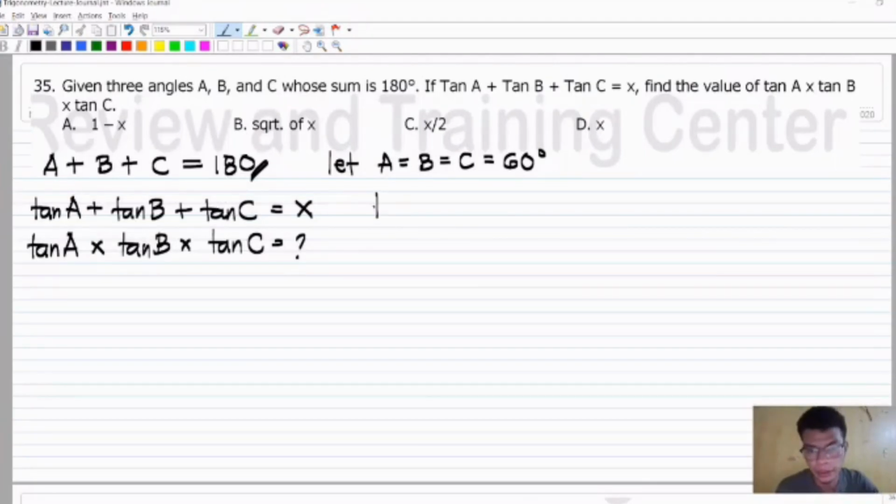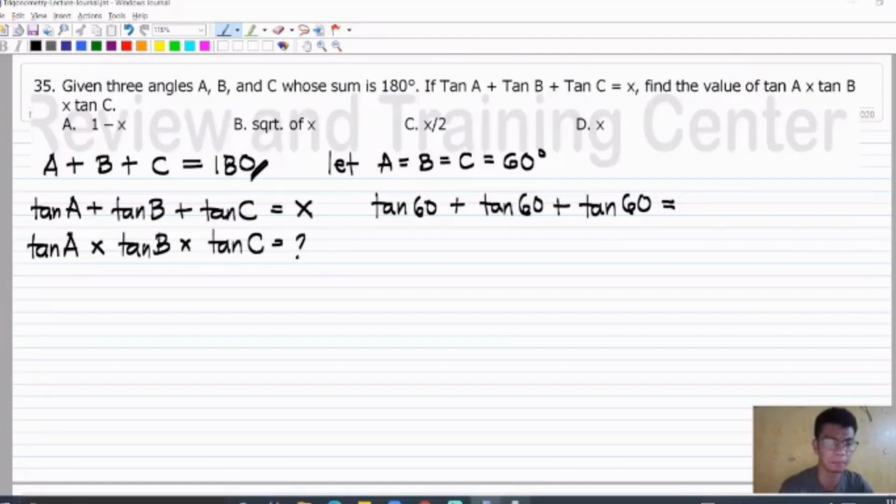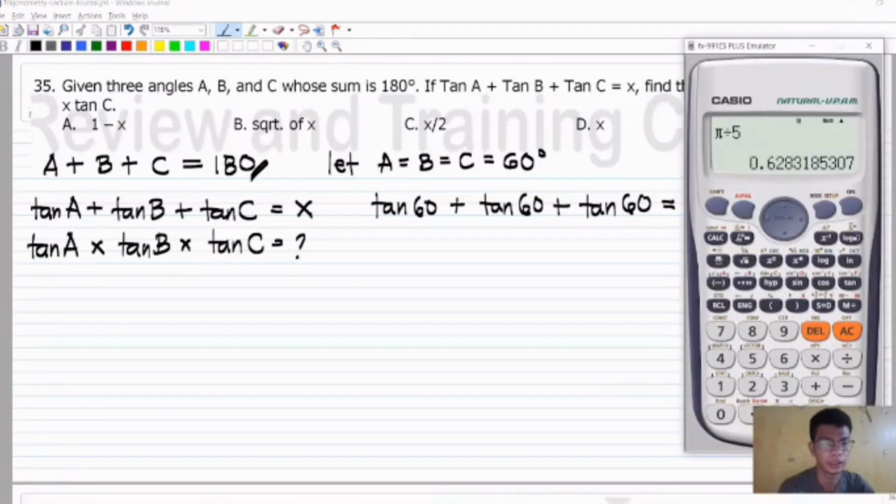Kaya naman kung titingnan natin dito, yung tangent of 60, which is the A, plus tangent of 60, which is also yung B, and yung tangent ng C, which is tangent of 60 pa din, ano yung magiging sum kapag ganito? So tangent 60 plus tangent 60 plus tangent 60.